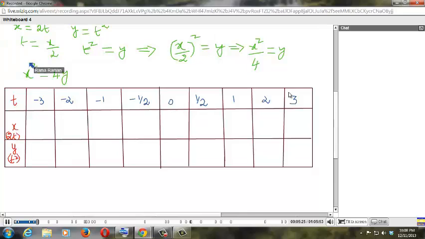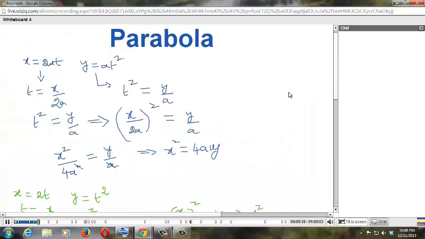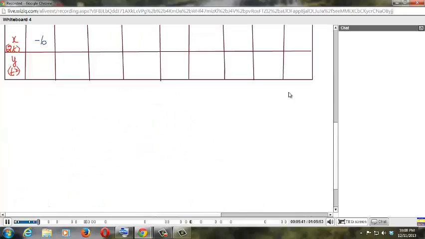So these are the values of t we are going to choose, and we will get the corresponding values for x. Whatever is the t value, x takes twice that value, so we will take double these values. So x takes the value -6, 2 times -2 is -4, twice -1 is -2, twice -half is -1, twice 0 is 0, twice half is 1, twice 1 is 2, twice 2 is 4, twice 3 is 6.